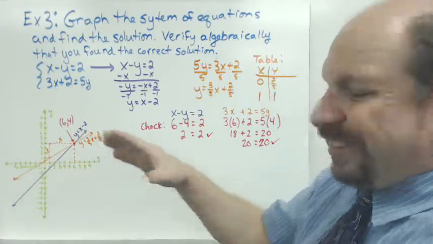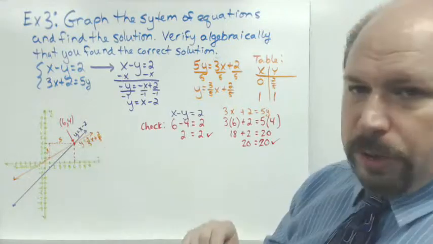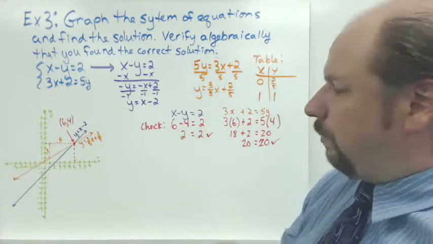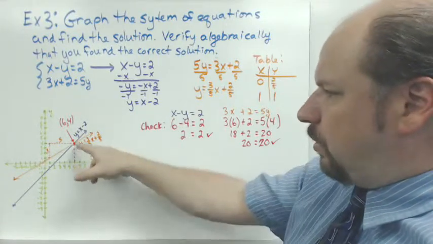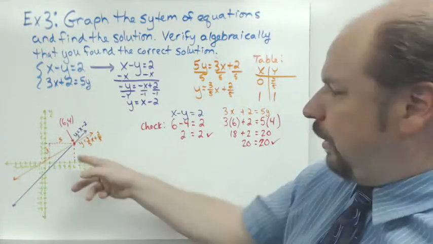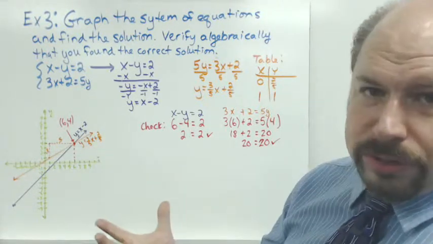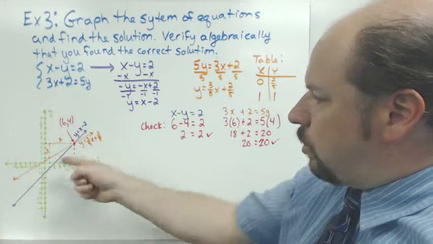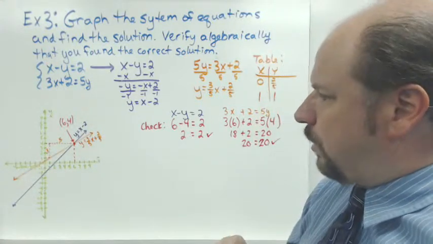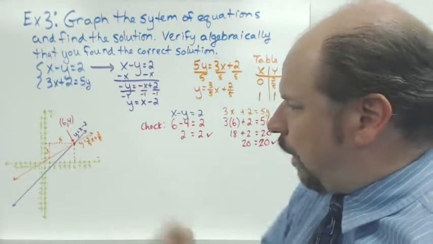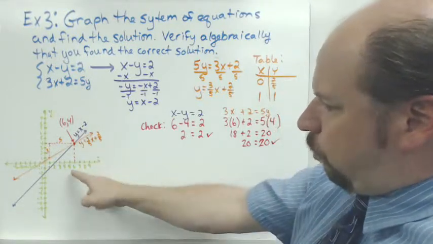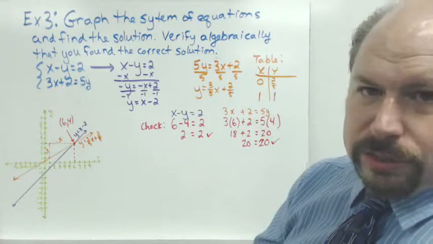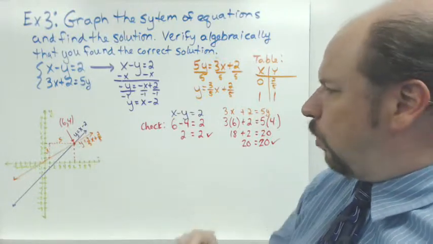So I wanted to find another point that was a little farther away so that we can make a nice line for our graph. And nicely enough, it did end up being on the other line as well, so it makes it real easy to find our solution also. So I connected all of our points, so we have both graphs here. And of course, we find that the solution is the point (6, 4).